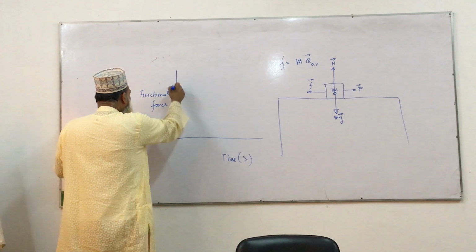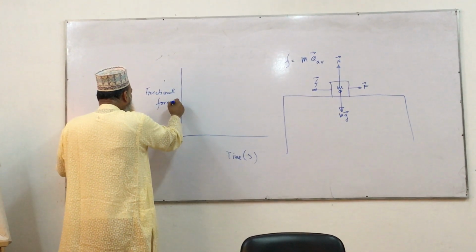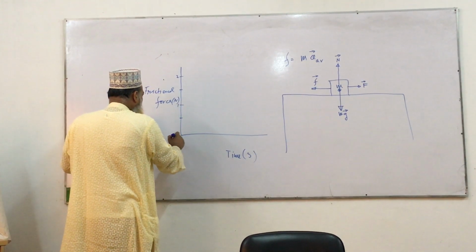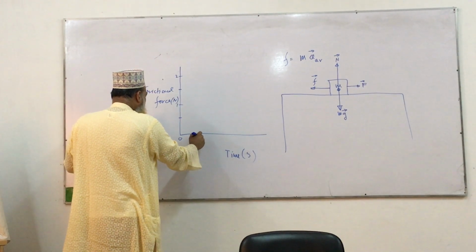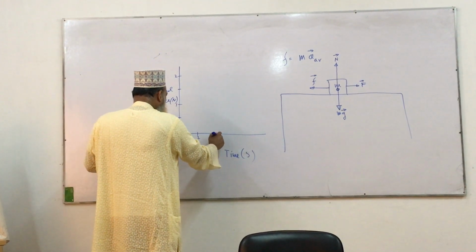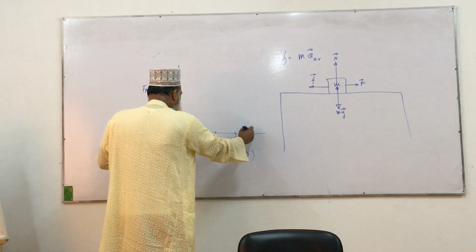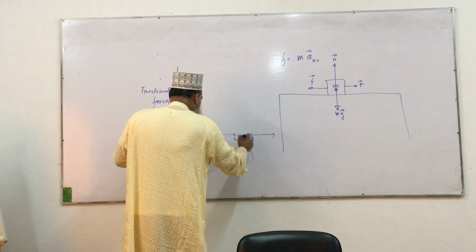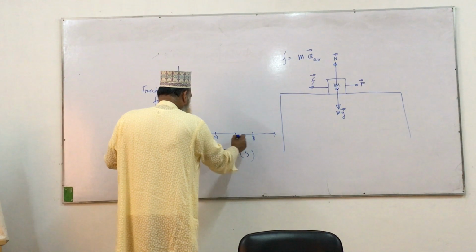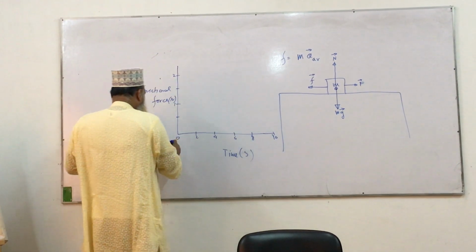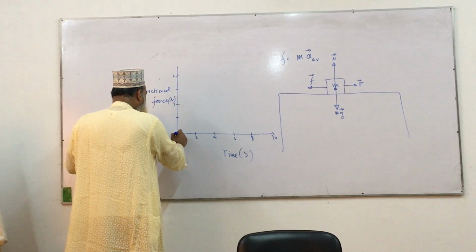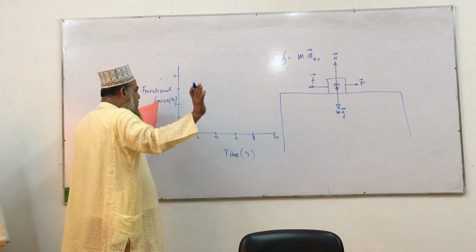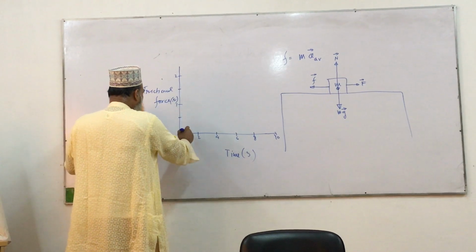Say this is 1, in Newton, this is 2. This is 0, time is 0. Here is 2 seconds, 4 seconds, 6 seconds, 8 seconds. So the experimental findings are such that whenever there is no motion, the body does not move. The frictional force is 0.